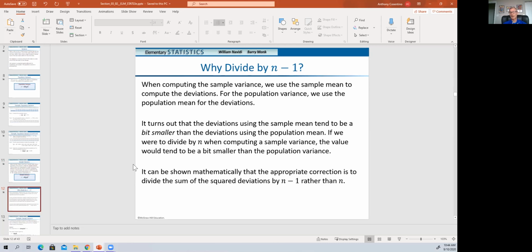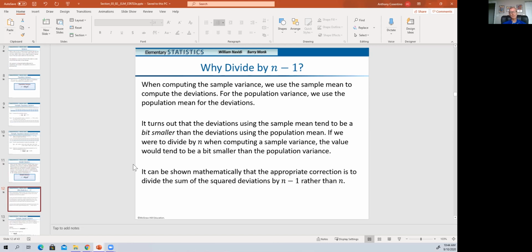And so in my life, this made no sense to me whatsoever, because with the amount of data that I had, there is no difference between dividing by, say, 10,000 and dividing by 9,999. So when the numbers are big, this is completely immaterial, but statisticians make this a big deal.